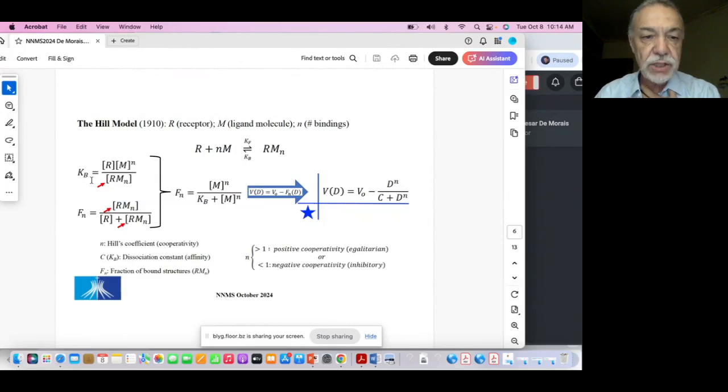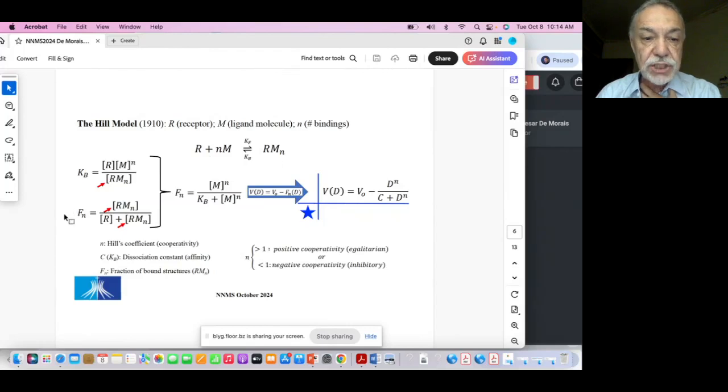So here I represent the backward constant. The backward constant is the ratio between the product of the species on the left-hand side, where the exponent is the coefficient of the process, over the concentration of the complex. So this is the backward constant.